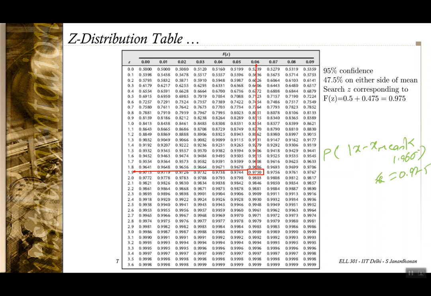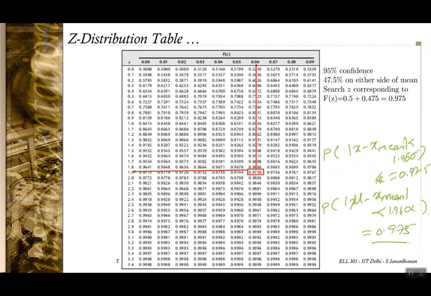Similarly, the probability of mu minus x mean less than 1.96 alpha is also 0.975.